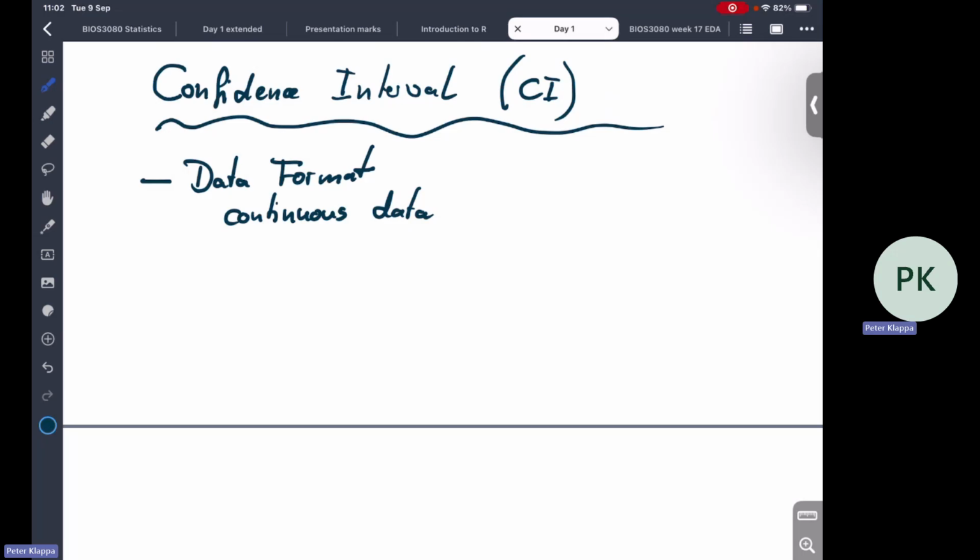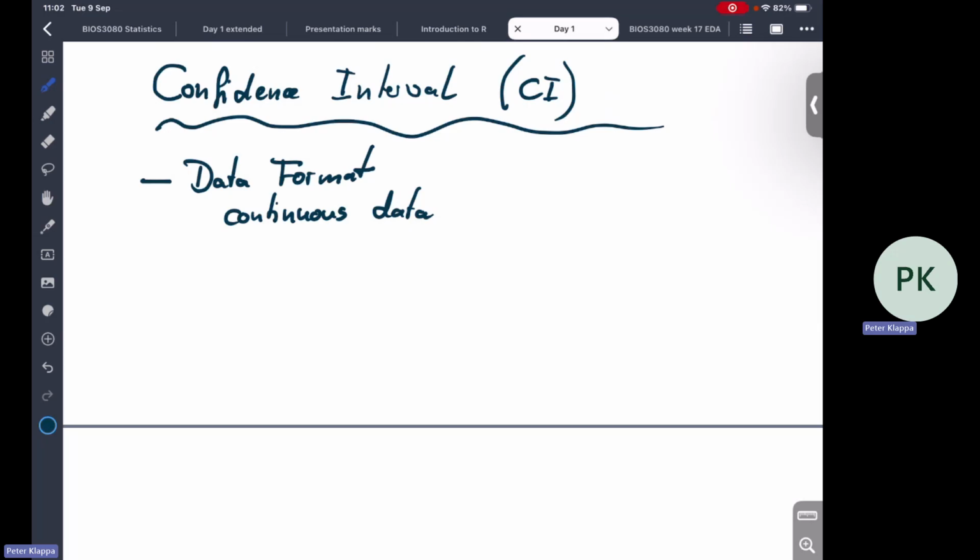If you have discrete data, you can't use exactly the same equation that we are going to develop. You have to do a different calculation, and I will show you how to do that later on. So it is absolutely essential that we have the right information.